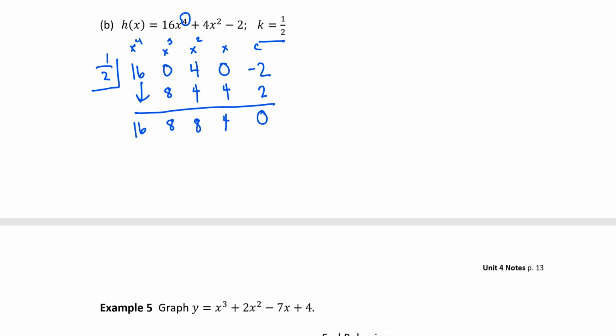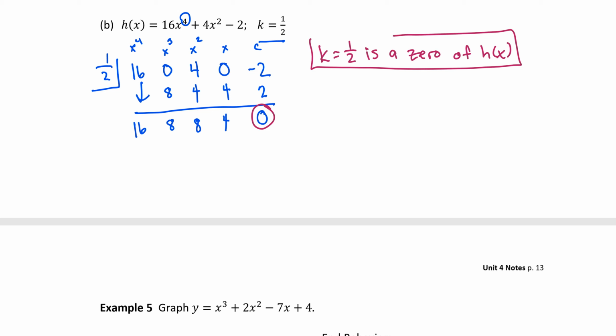So because we have a 0 in that remainder spot, we can go ahead and make our conclusion. Our conclusion is that k equals 1/2 is a 0 of h of x. That means we have a lot of information, right? We know h of 1/2 is equal to 0.